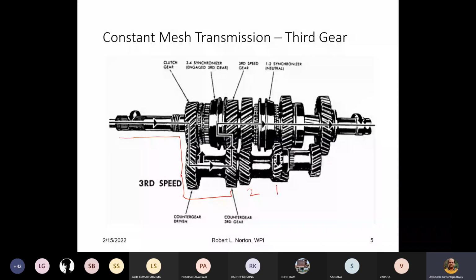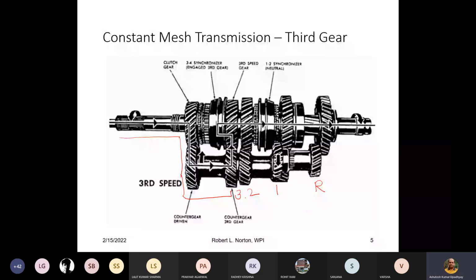First gear, second gear, this is our third gear, this is our reverse gear. Based on the gear size, you can identify which one is the first gear, which one is the second gear. So this third gear is transmitting through this synchronizer. If you see here, you have got the synchronizer, and this arrow is clearly shown through the synchronizer.